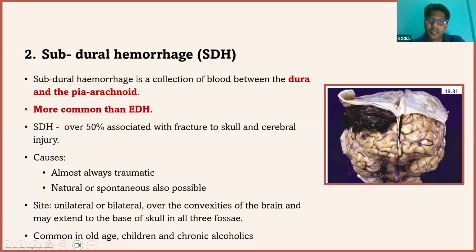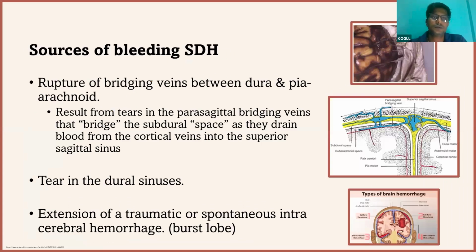That is also important, because in old age the brain shrinks and atrophies, so the space increases. So the subdural space increases and the bridging vessels become highly vulnerable. It is the same in children, where the subdural space is also very large. So children and old age people are more prone to get SDH. That is important. They can ask it in MCQs also.